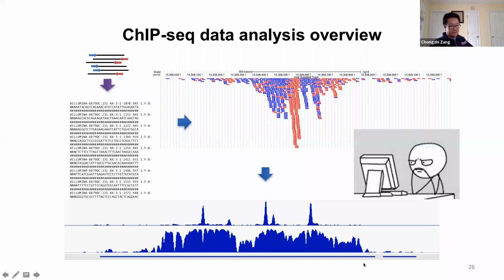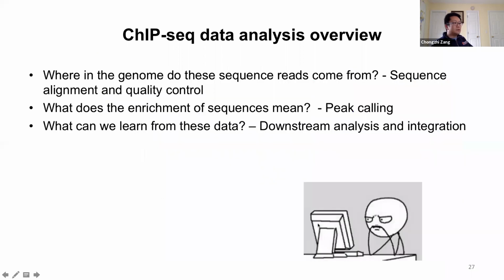But for histone modification, it could be trickier, as the data could look very noisy or diffuse, and instead of forming a sharp peak they could form a broad peak, making peak calling trickier. So we want to do these few steps in the data analysis. First, we want to address the question: where in the genome do these sequence reads come from?